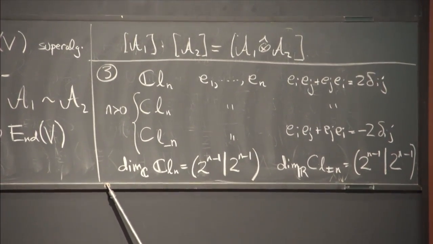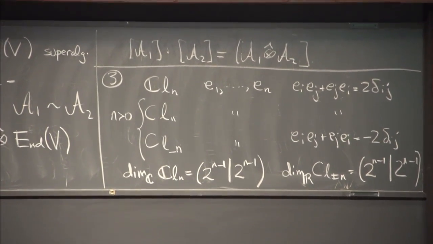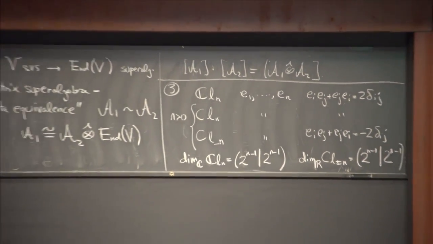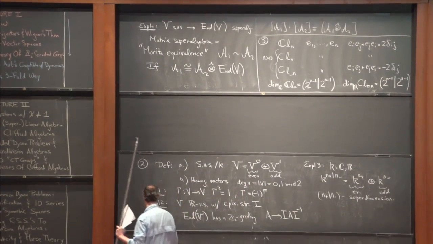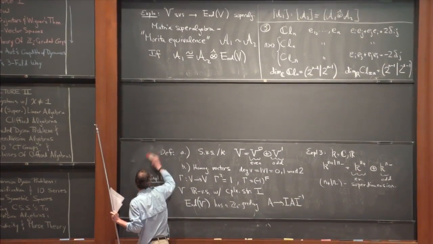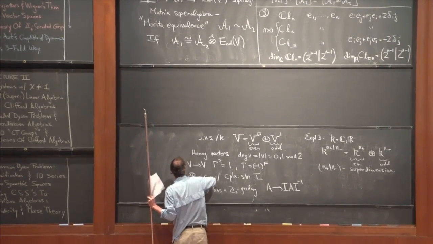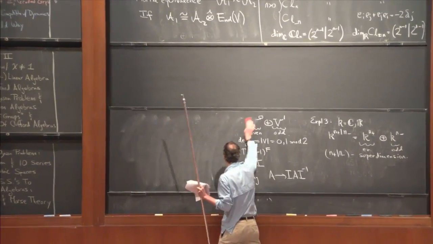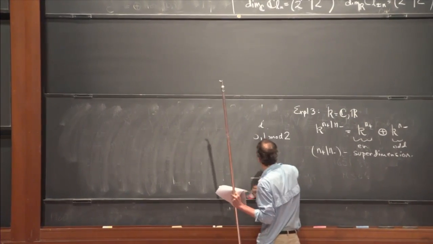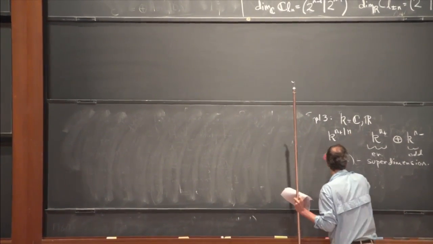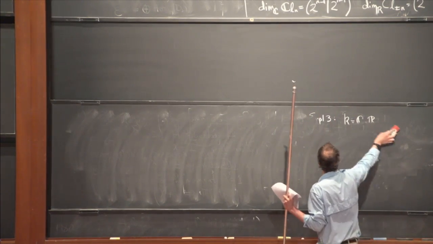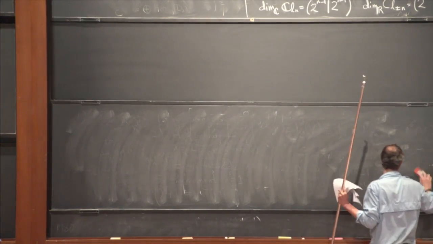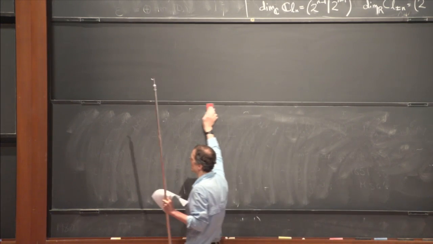So you see you can make words out of the generators EI, but think of them as occupied and unoccupied fermions, for example, Majorana or complex fermions. And so you only have 2 to the n total possibilities, and half of them are going to involve an even number of generators, and half of them are going to be an odd number of generators.